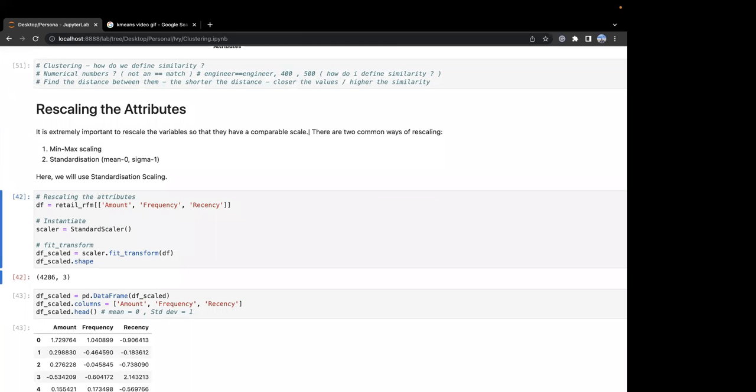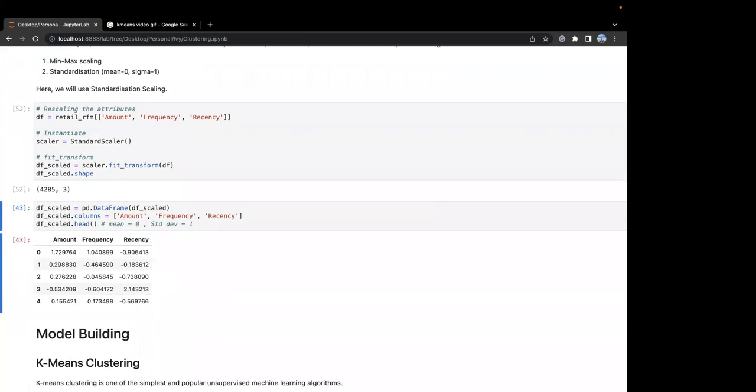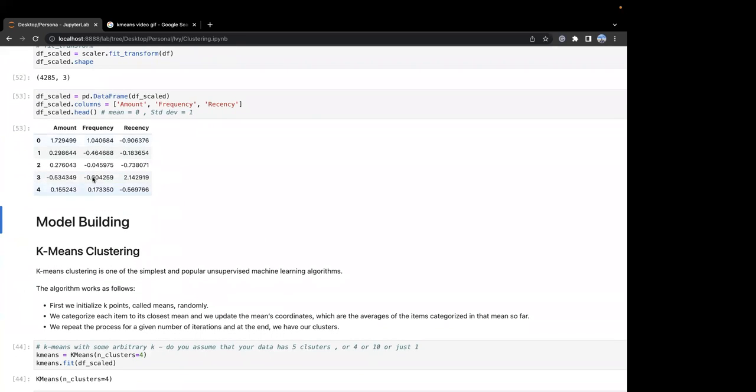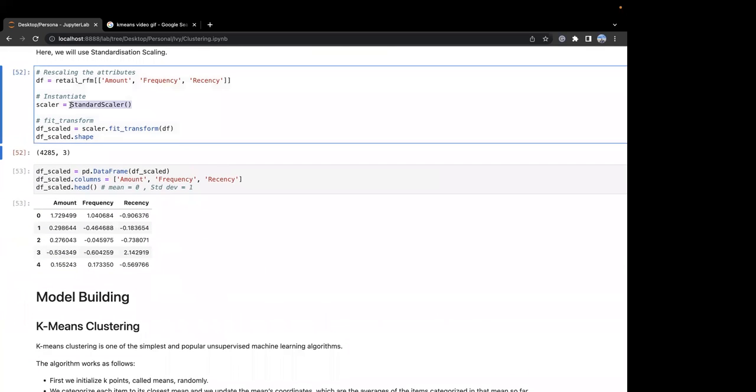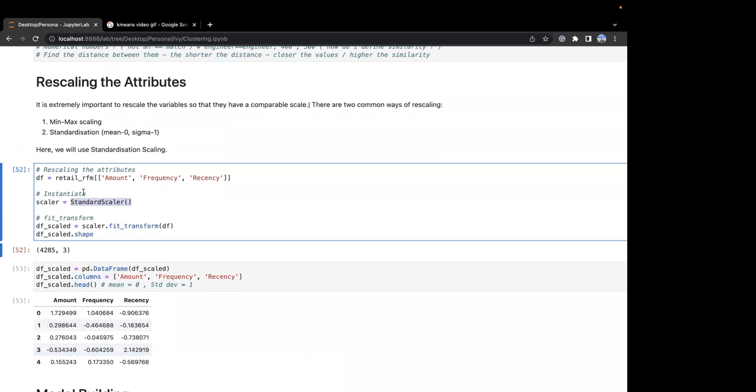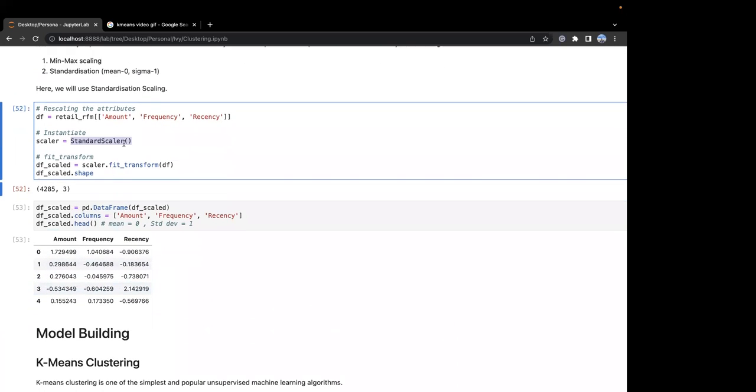Then you need to scale the attributes, which I'm doing here. After scaling, each and every one of them is having a normal distribution. यहाँ पे मैंने standard scaler use किया है. That's why you can see negative and positive values. If I would have used min-max scaler, then you would have seen 0 to 1. Okay?